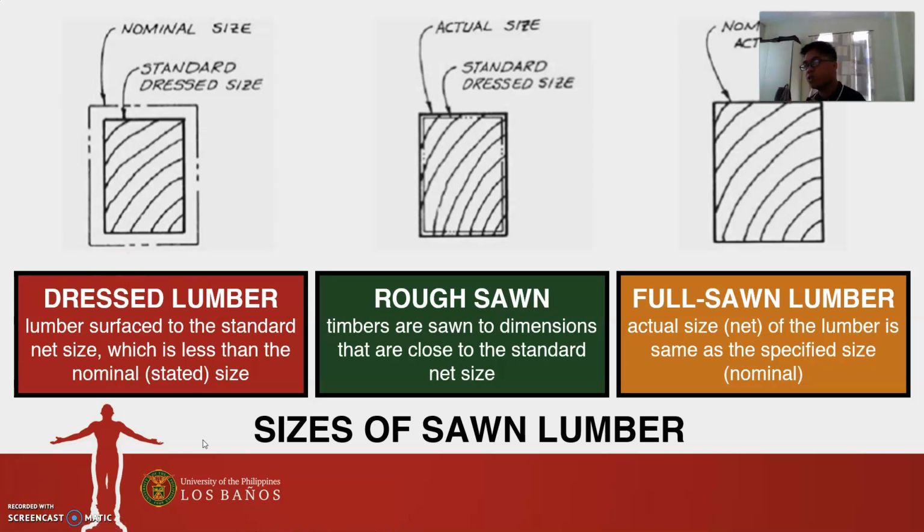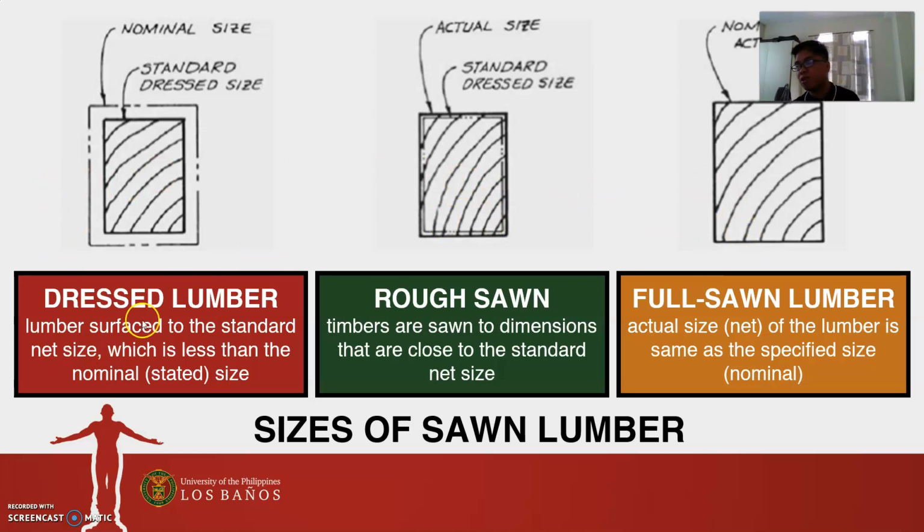Okay? Concepts we need to discuss so that we would be able to use the tables properly. We have here sizes of sawn lumber in different configurations. It depends if it is standard dressed size or dressed lumber, rough sawn, or full sawn lumber.